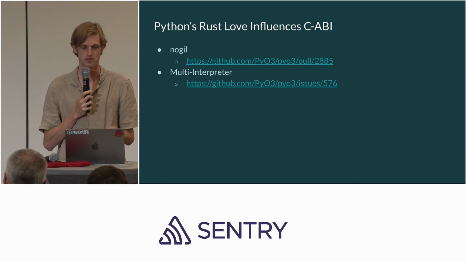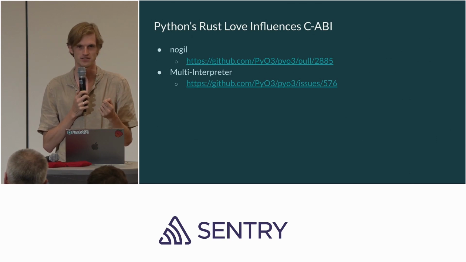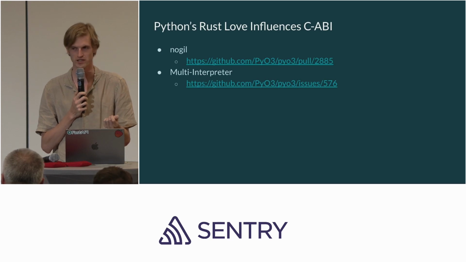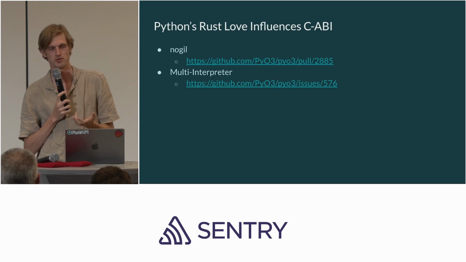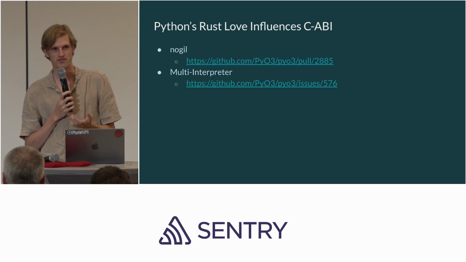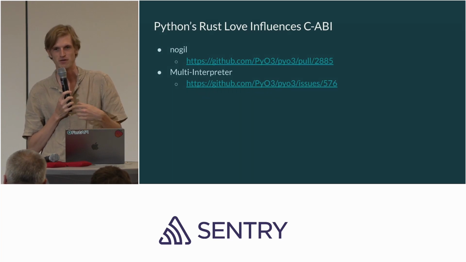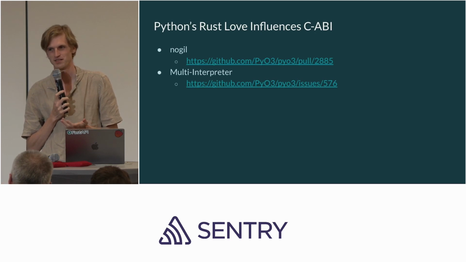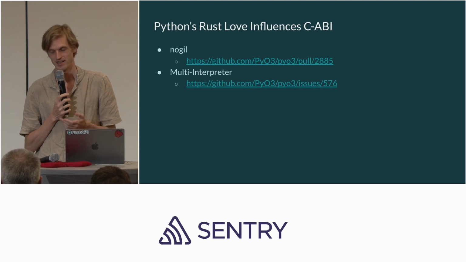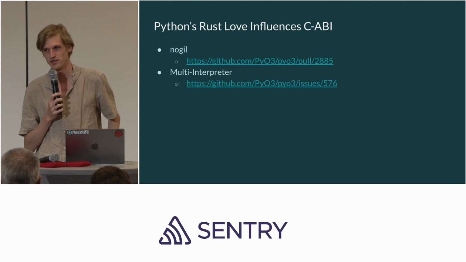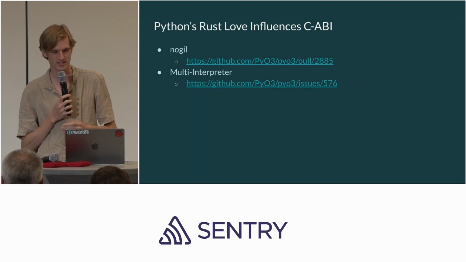But if you look into the pull requests on the PyO3 support for no GIL, which gets rid of the GIL, or the PyO3 discussion about how to bring multi-interpreter support into it, none of these things would have happened if we as a community wouldn't have picked up on a critical mass level Rust as an extension module to Python. And now two communities need to work together somehow to figure out how to make this whole thing a little bit safer.